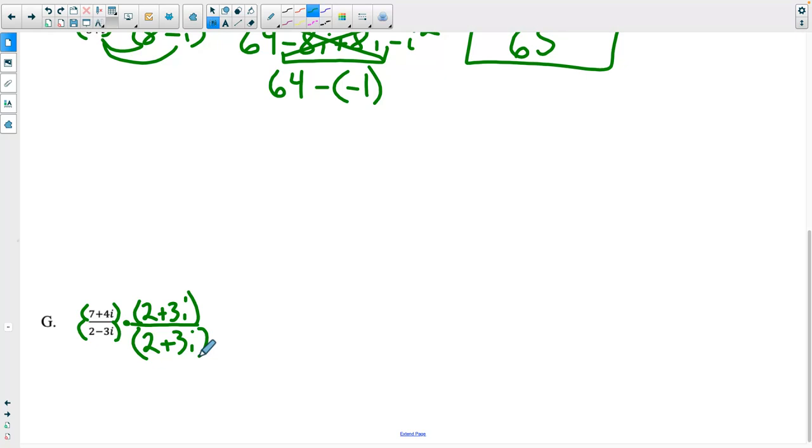I like the bottom. Let me check the top. Gotta double distribute the top because the top is not going to just work well. So you get 14. But you also get 21. Like this.